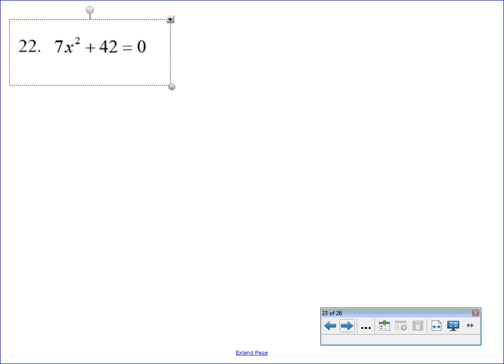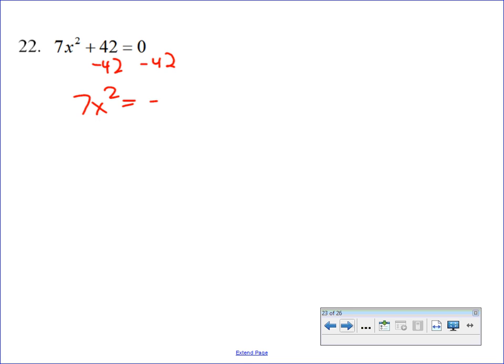Number 22, I need to isolate the x squared. So first I'm going to subtract 42 from both sides, and I'll get 7x squared equals negative 42. Divide both sides by 7, and I'll get x squared equals negative 6.